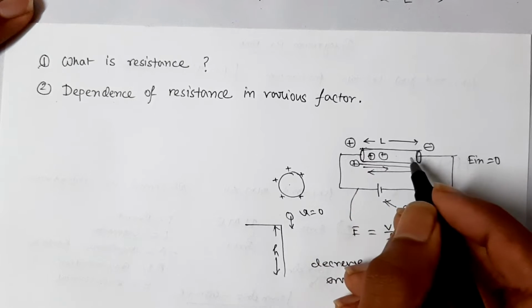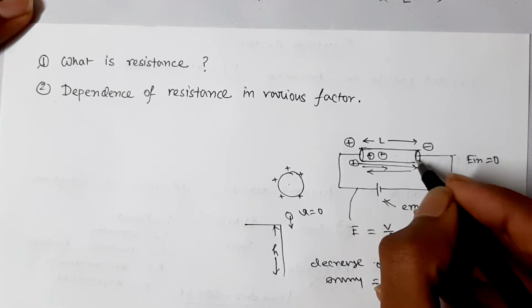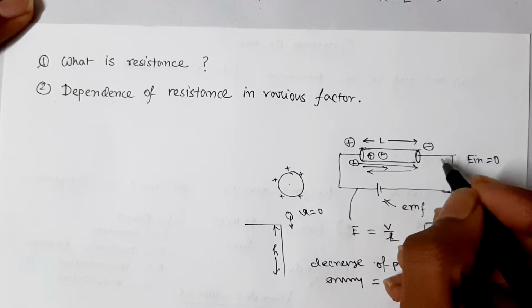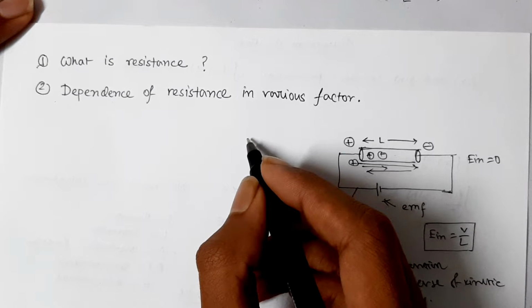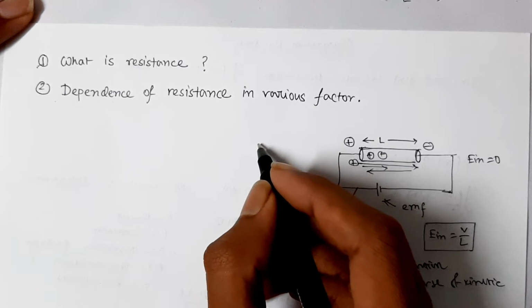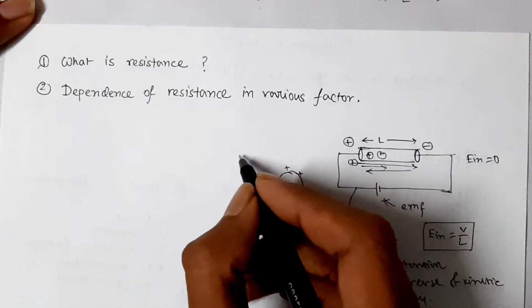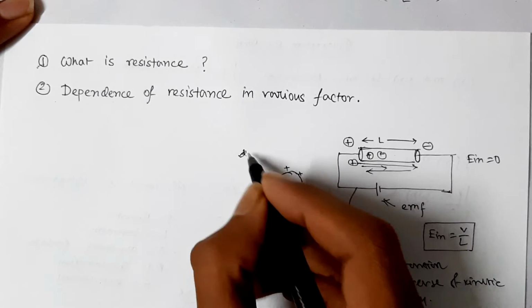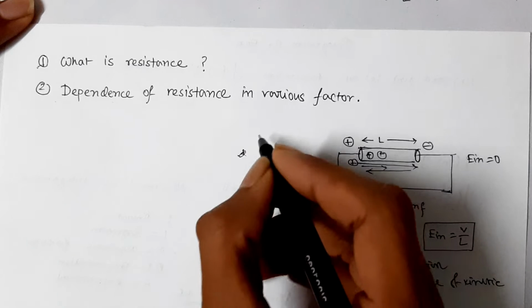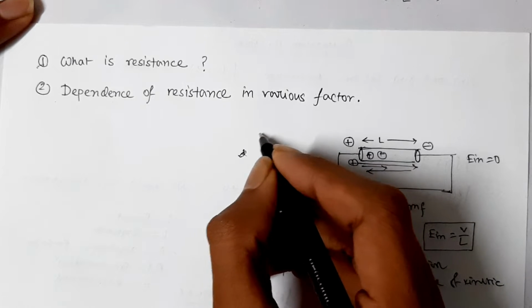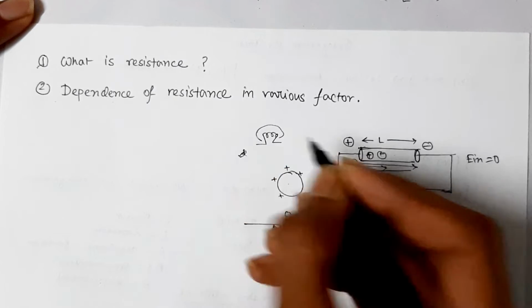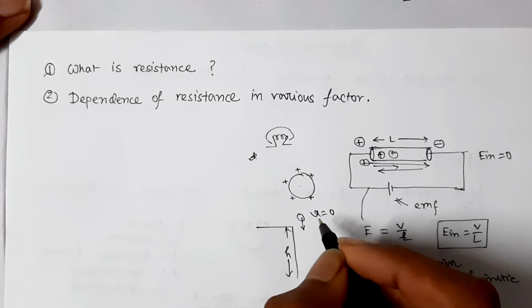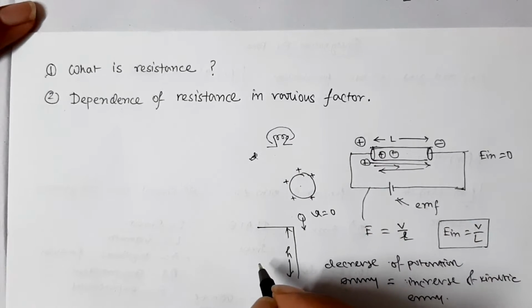The decrease of potential energy is converted into the energy we expect. We give electricity to our fan to run it, so the decrease of potential energy helps run the fan and helps the bulb glow. So we have to know that energy is conserved in this process.